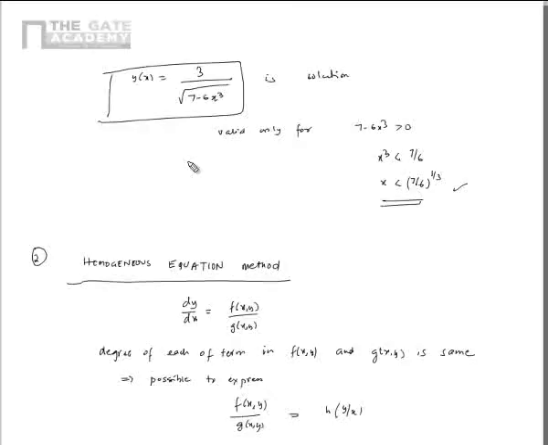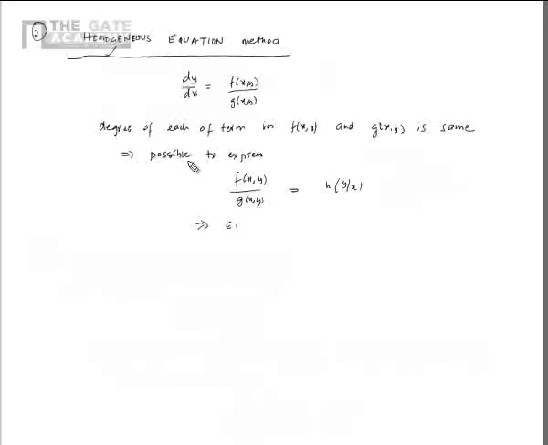This happens only when the degree of each term in f(x, y) and g(x, y) is the same. That's why the term homogeneous is used. If the degree is the same, it becomes a homogeneous equation. So this is the primary requirement for this method.